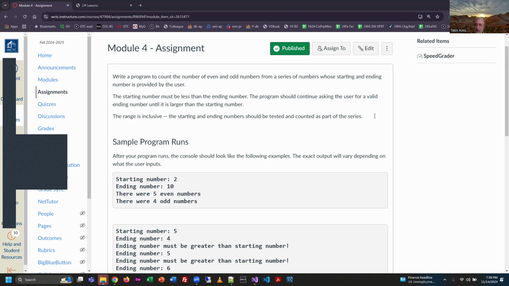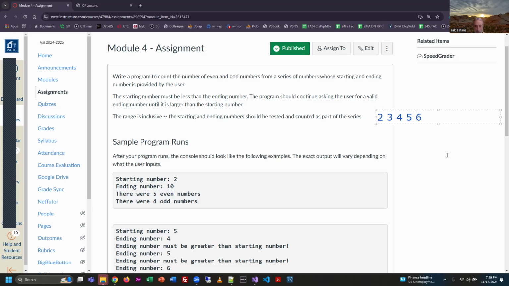Okay, here we go. So in other words, the starting number is 2, the ending number is 10. So I'd go 2, 3, 4, 5, 6, 7, 8, 9, 10. How many even numbers? 1, 2, 3, 4, 5. How many odd numbers? 1, 2, 3, 4. That's really what we're doing, right?